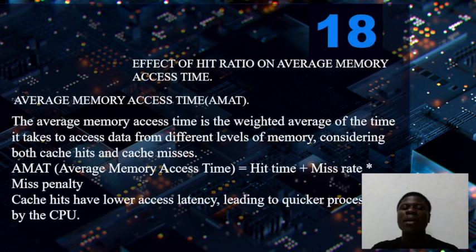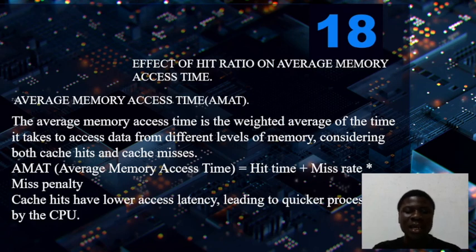Let's talk about the AMAT, simply meaning the average memory access time. And this is the weighted average of the time it takes to access data from different levels of memory, which was already talked about, that we have the L1, the L2, and the L3 memory with their different sizes of memory storage or spaces.